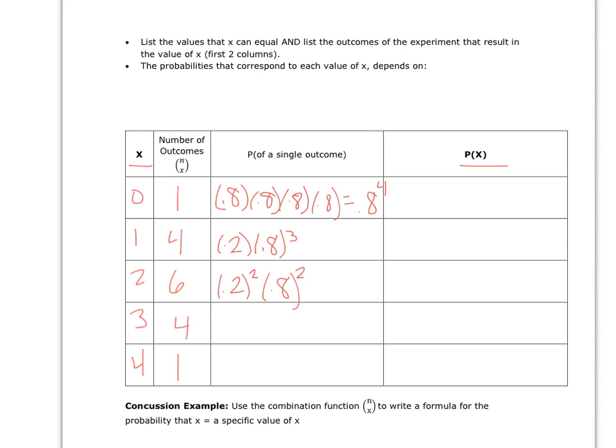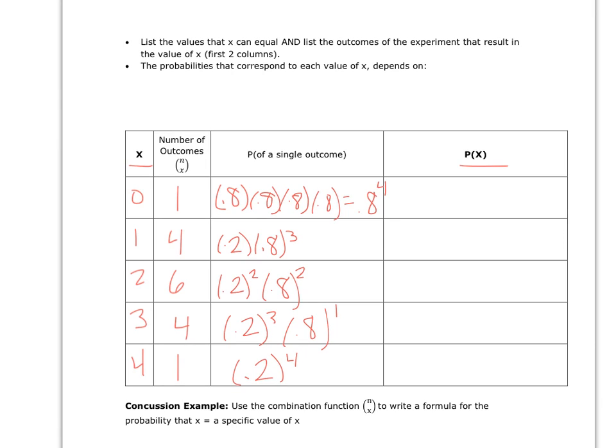Okay, so for x equal to 3, all right, 3 successes or 3 concussions, it's going to be 0.2 times itself 3 times, so 0.2 to the third, and then 0.8. So 0.8 to the 1. All right, and then finally, for all 4 to have had a concussion, that's going to happen with probability of 0.2 to the 4. Right, and no 0.8s at all.